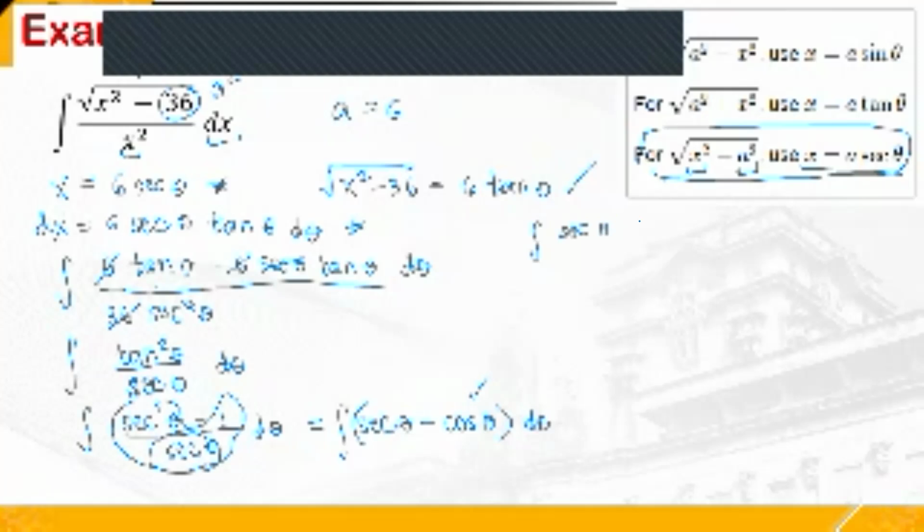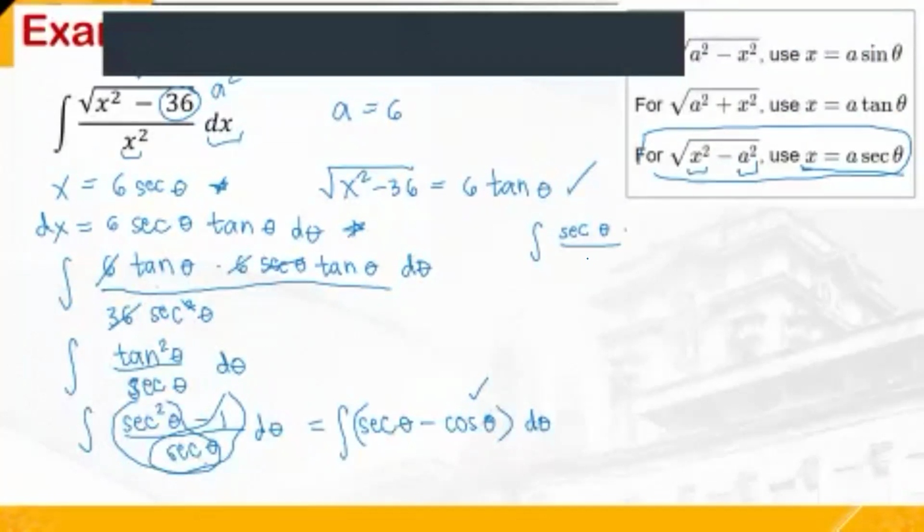gagawin natin is we multiply both of the numerator and denominator. And there's two denominator of this, by the way, is 1. Okay? So, ano kaya yung expression na pwede nating ilagay sa baba such that yung kanyang derivative is equal to the one above, no?